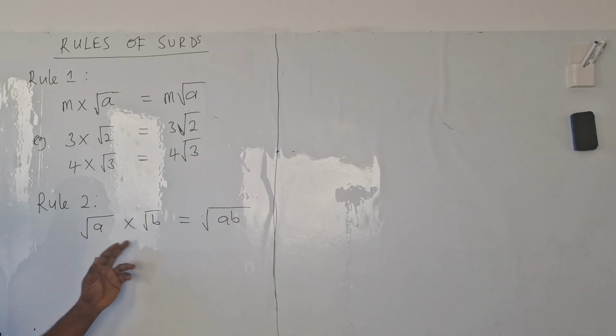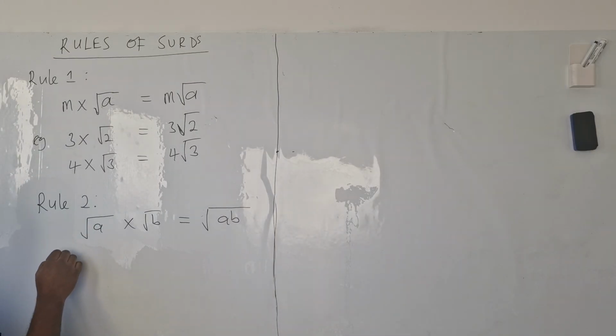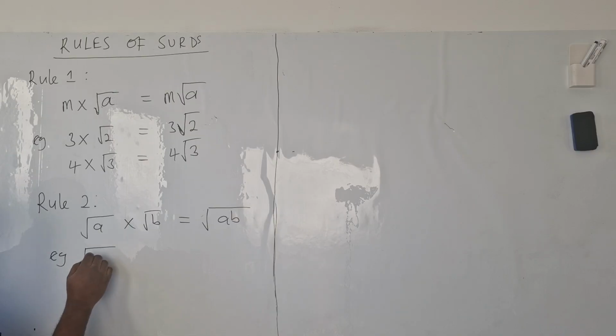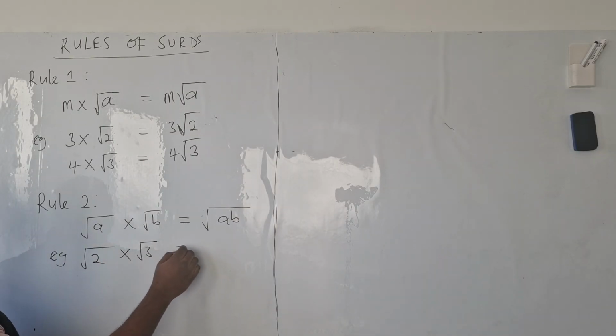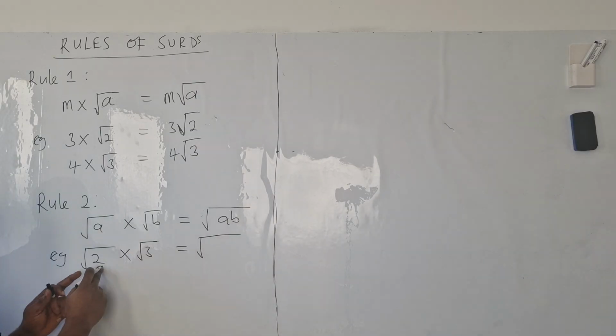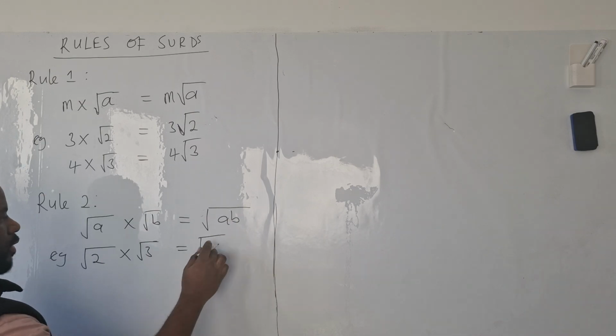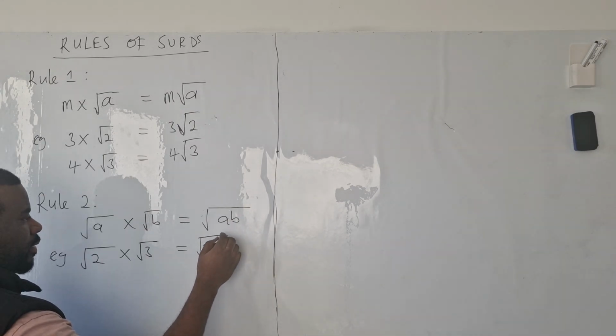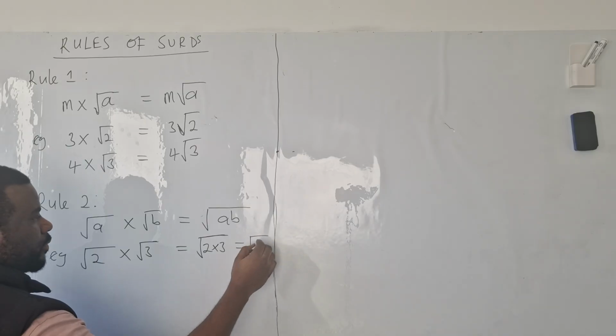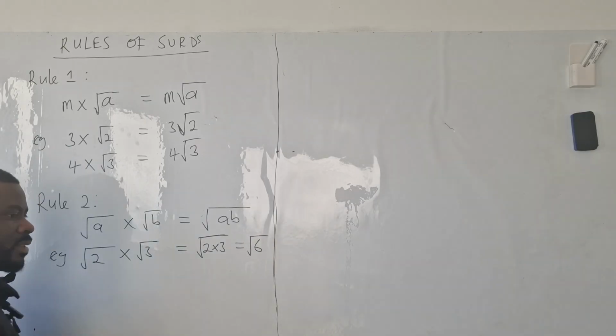Take one root, multiply the numbers inside the root together. For example, if I have root 2 multiplying root 3, we take one of the roots, we multiply the numbers under the root together. So this one will be 2 times 3, that will give us root 6.